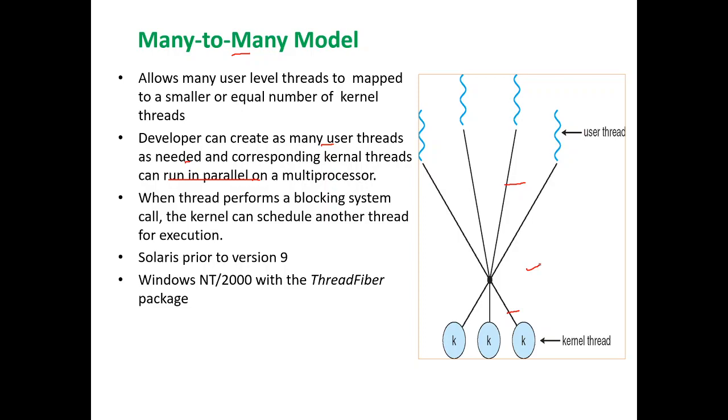Whenever a thread performs a blocking system call, the kernel can schedule another thread for execution. That means it will not stop the execution, and the process continues. Examples are Solaris prior to version 9, and Windows NT and 2000 with the ThreadFiber package. These are the examples related to the many-to-many model.